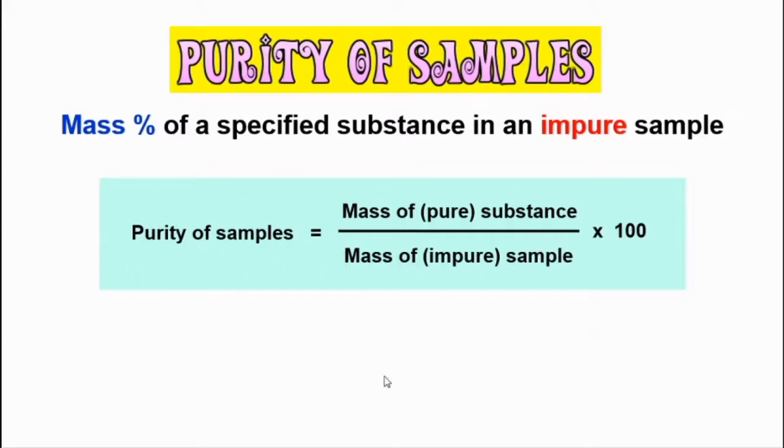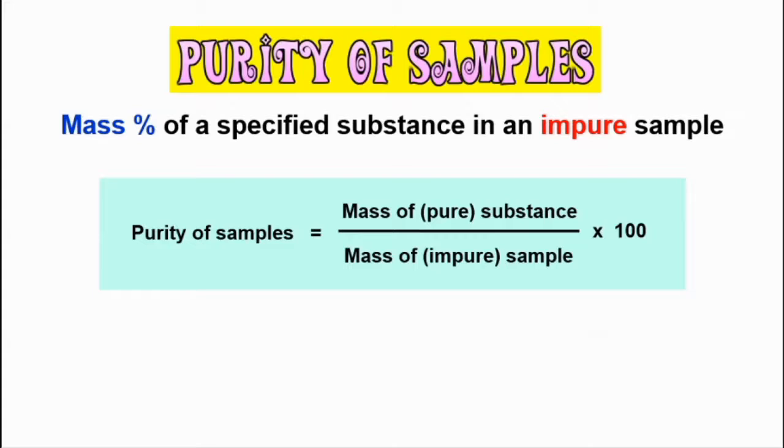Remember just now I said that let's say we have an impure sodium hydroxide sample. We want to know, in that impure sample of sodium hydroxide, how many percent of the total mass of the impure sample is the mass, or the percentage, of pure sodium hydroxide.